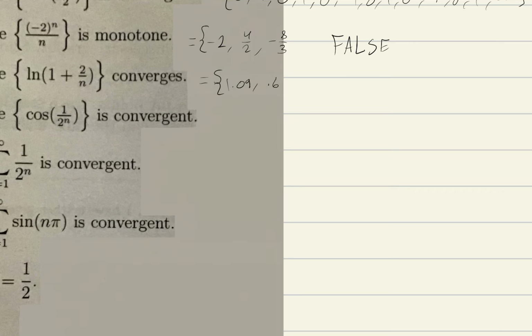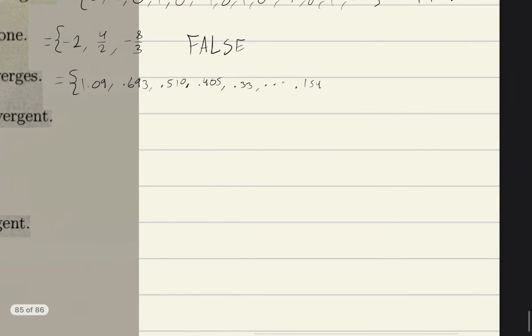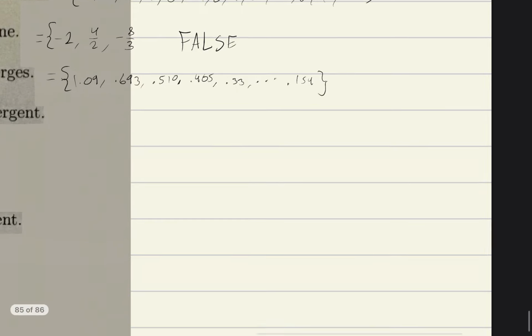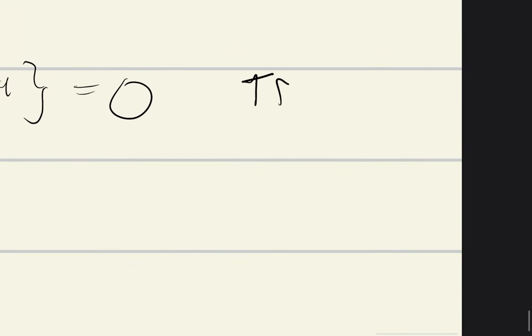For 2, 0.693, then 0.510, then 0.405, then 0.33, and then we would eventually get to 0.154. We can say this is decreasing and decreasing and decreasing. We can say this is going to go to 0. So this is true.